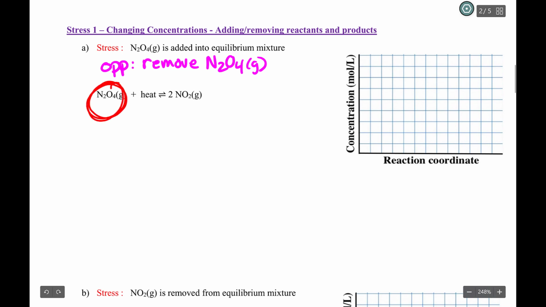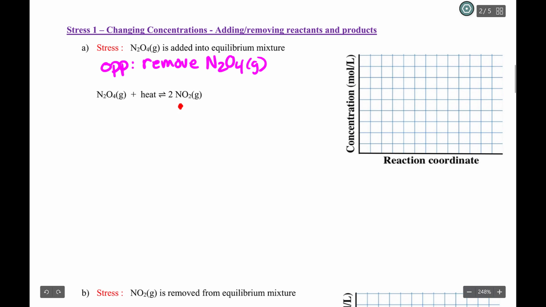If this goes up, I need it to come back down. Now, the only way I could do this is if these things start to hit each other more frequently, which they should because there's more of them, and therefore produce more of this. What that would do is decrease the amount of N2O4 and increase the amount of product.